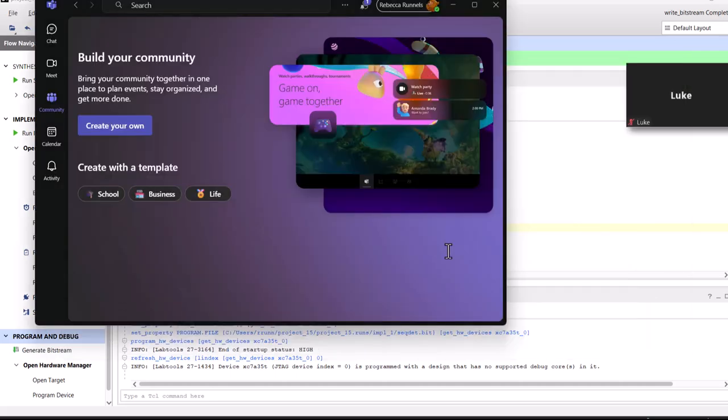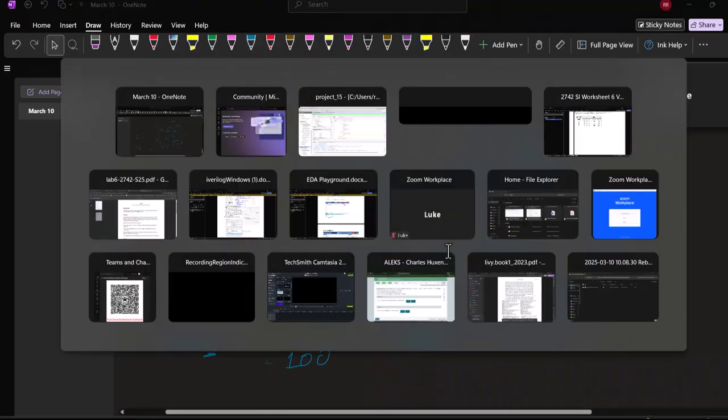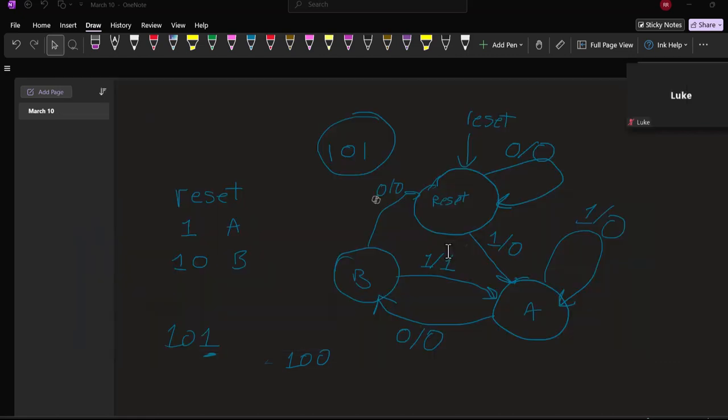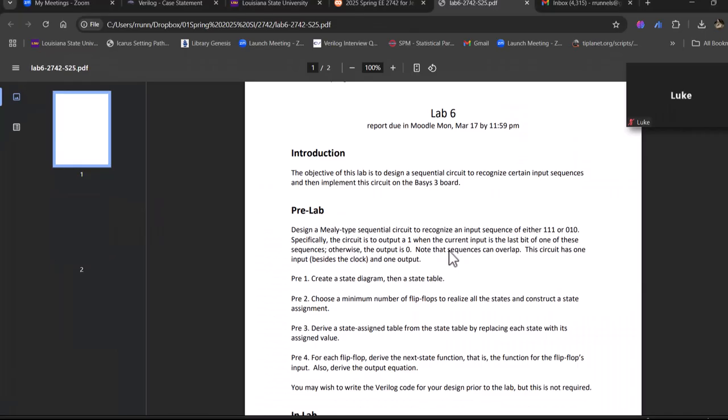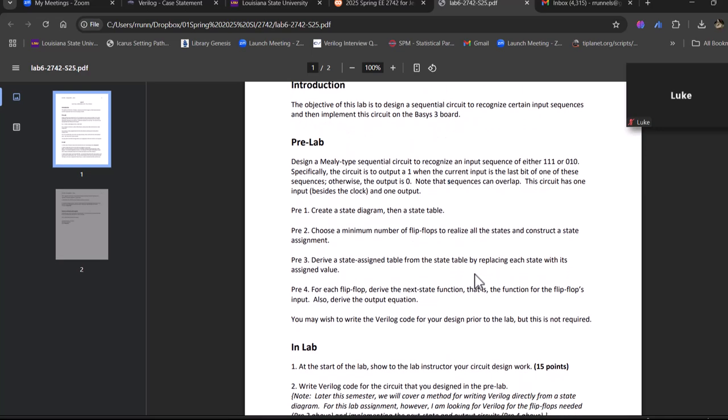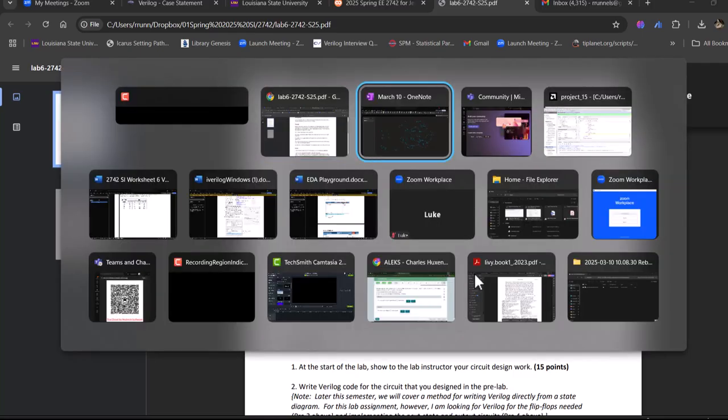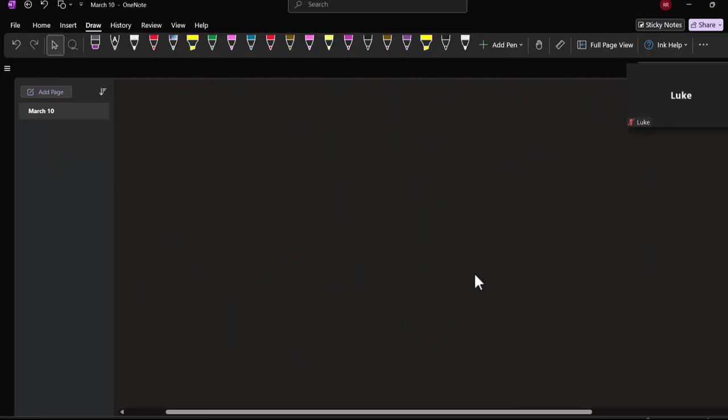Okay, so now let's go to the rest of your pre-lab. And we did a state diagram. Now let's do a state table. Is it possible to write it for both without a lot of difficulty? Yes.